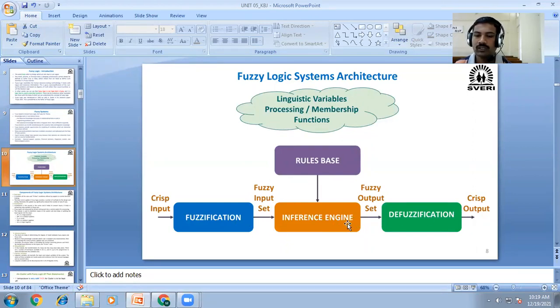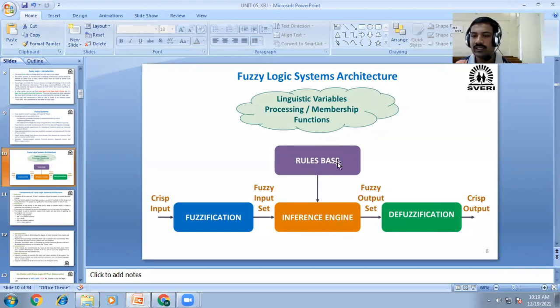If the water is warm, then the geyser should be started for 1 hour only. The whole thinking process is done in this inference engine and rule base.